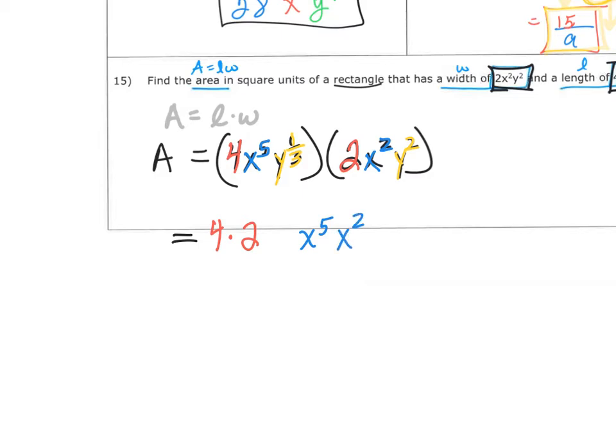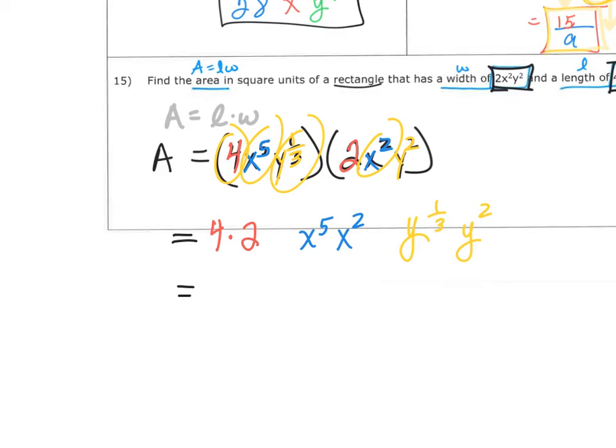So I've got x to the 5th and x squared. And then I'm going to put my y to the 1/3 and y squared together. Do you understand how I'm reorganizing it? I'm putting all the numbers in the same place, all the same letters in the same place. So I've got all my whole numbers or my integers, then I have my x's with a base of x and my y's with a base of y.